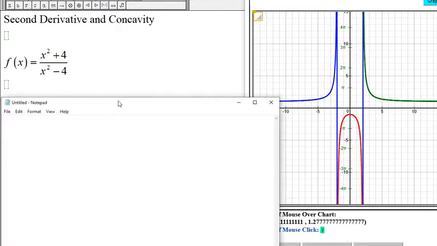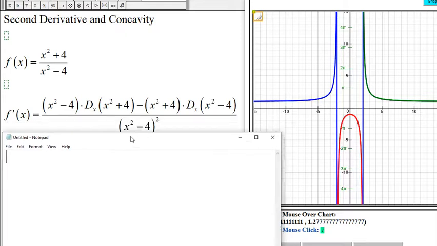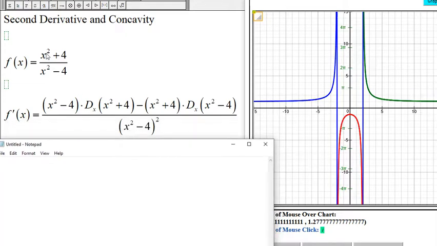First, let's take the first derivative. This is a quotient, so we have to use the quotient rule. It's going to be (x squared minus 4) times the derivative of the top, minus (x squared plus 4) times the derivative of the denominator, divided by the denominator squared.